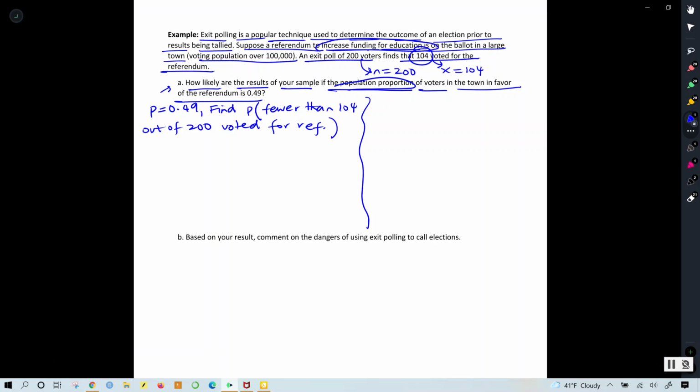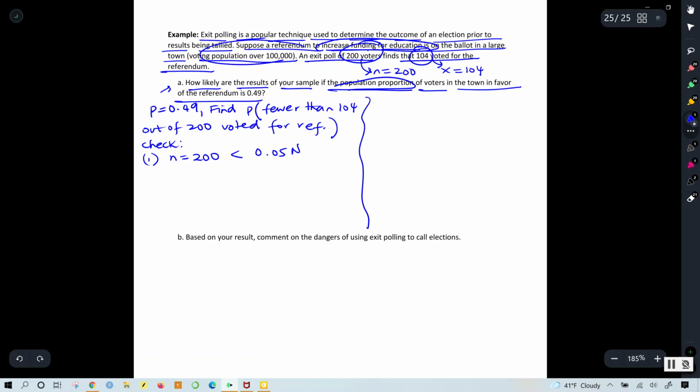To do that, first we have to go through our usual checks. We check if n, which is 200 voters, is less than 5% of the entire population. If we put a lower bound of 100,000, 5% of 100,000 at the lowest is equal to 5,000.